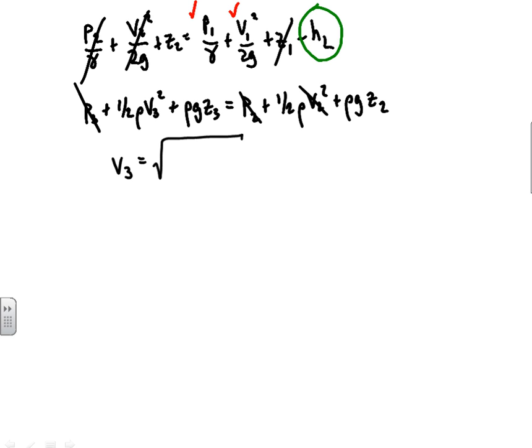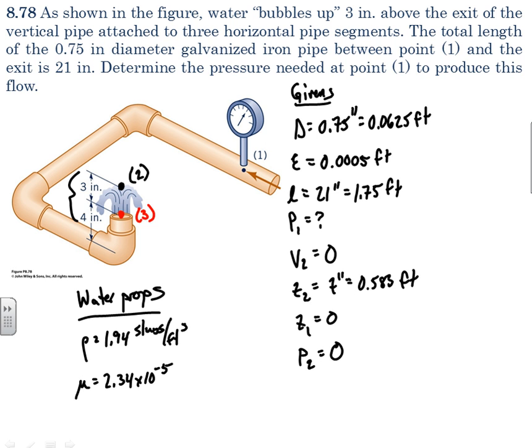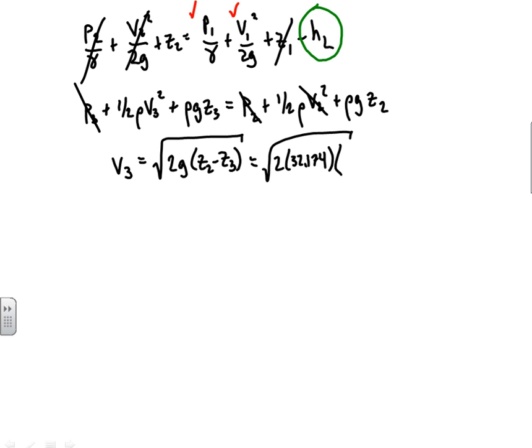V3 is then just the square root of 2 times G times Z2 minus Z3. Plug in my values. 2G is 32.174, and Z2 minus Z3, going back to the diagram, is just this height here of 3 inches, so that's 3 over 12 feet. Solve, and I get 4.01 feet per second.